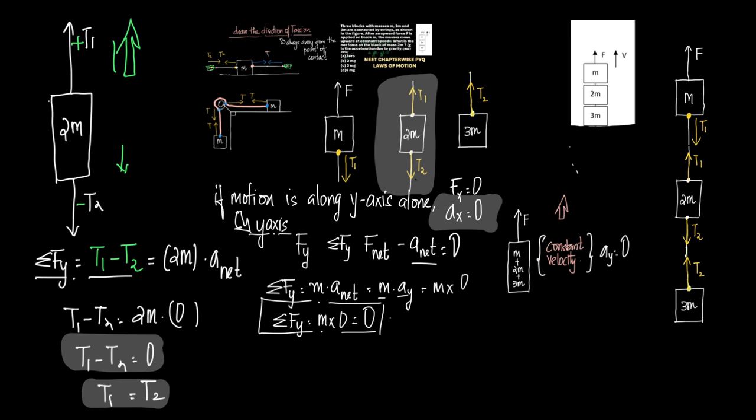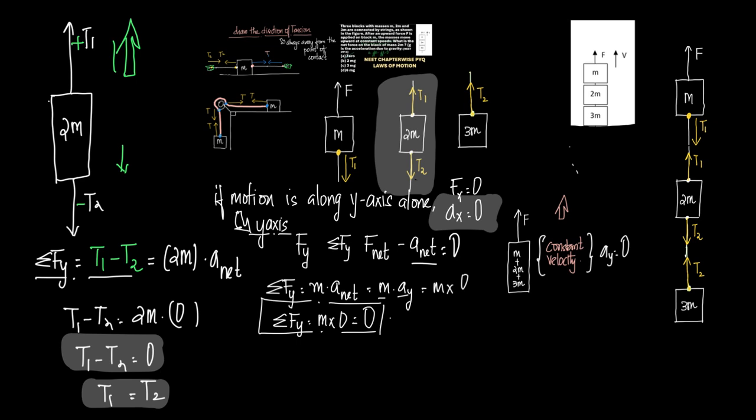So I think this explains the overall application of direction of tension and how to resolve the forces along the x and y direction. If you want further explanation on tension, please post it after the class. Those students who are listening online, you can post a comment. Okay, so yes, that's it. Maybe if you want, we can discuss multiple cases.